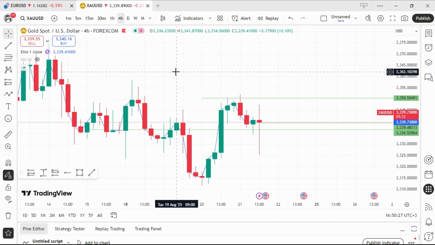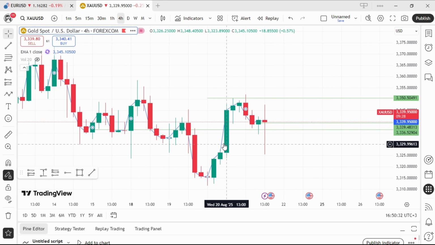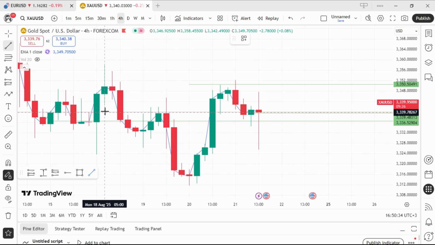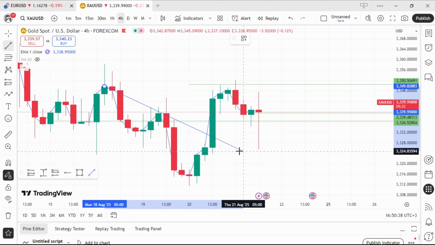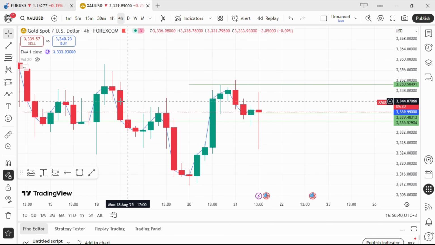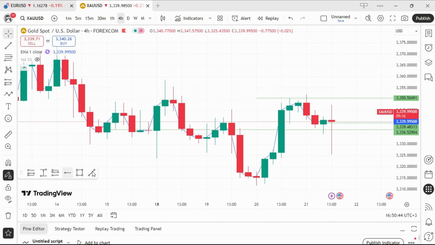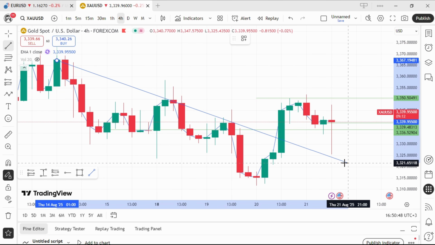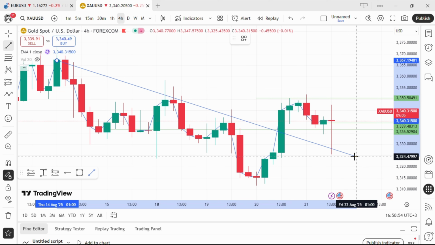I recall, if you're in the Telegram channel, I shared this specific trend line, this one. It was, yeah, this one, from up here. If you're in the Telegram community, I shared this trend line.